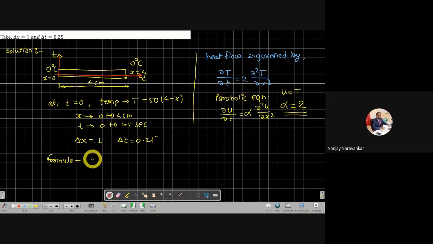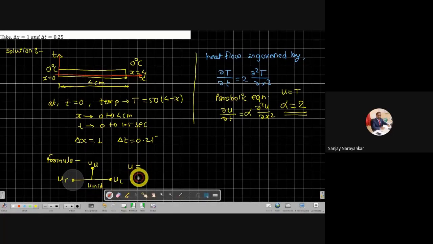To find out the value of u. Actually, which u are we finding out? U top. It is U left, it is U right, and this is U mid or center.